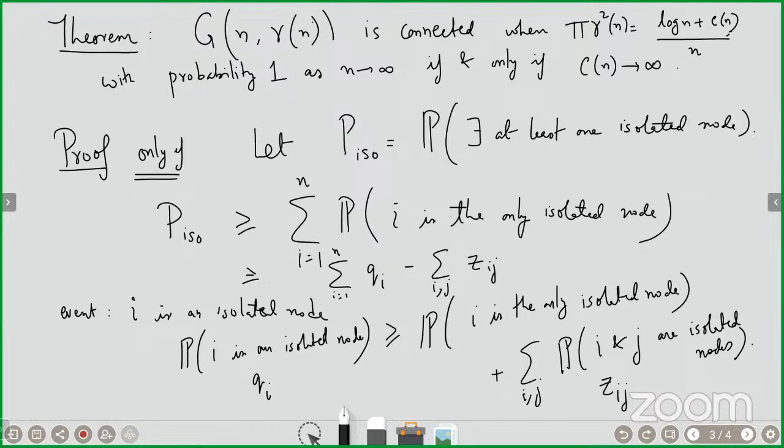So far so good. Very elementary stuff going on. What is Q_I? Q_I is simply (1 minus pi r squared) to the power n minus 1.